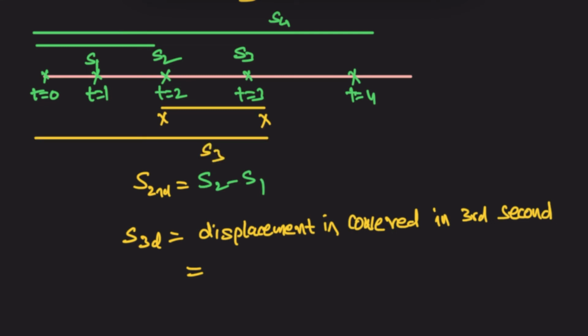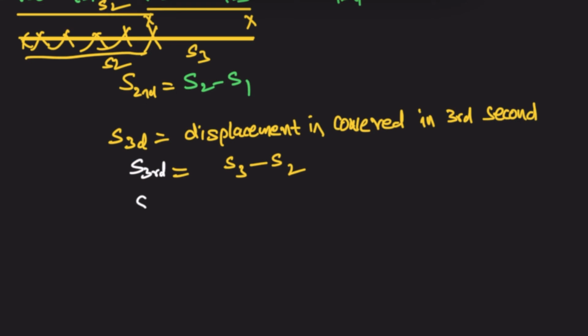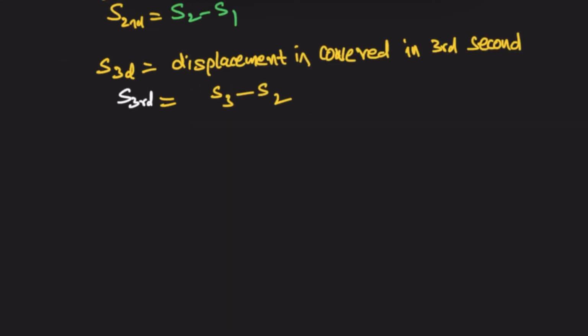So displacement covered in 3 seconds means S3, displacement covered in 2 seconds means S2. So if you cut S2 from S3, then we get displacement covered in third second. That means S3 minus S2.